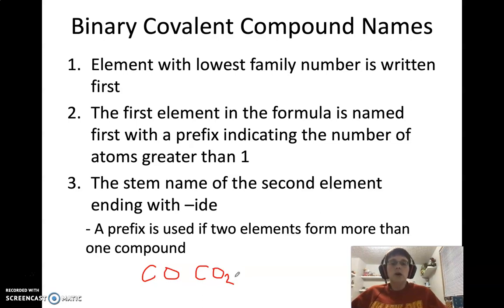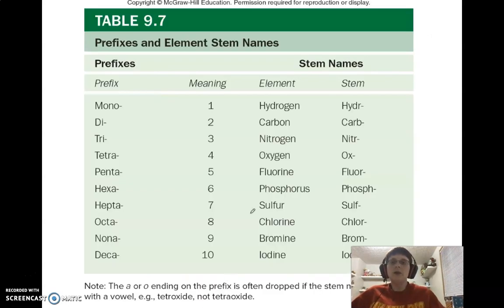If there's only one option for a compound, then it won't have the prefix on the second element, because that's the only option that you've got for the bonds that can be made. So here are the different prefixes that you'll see. So mono for one, you'll only see mono used if it's something like what we just saw with carbon monoxide.